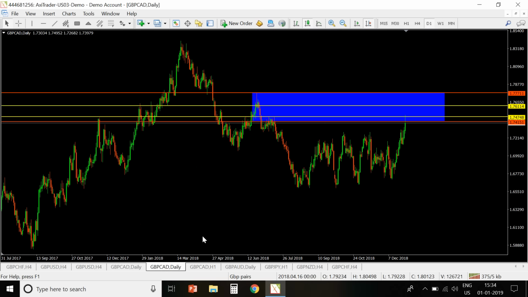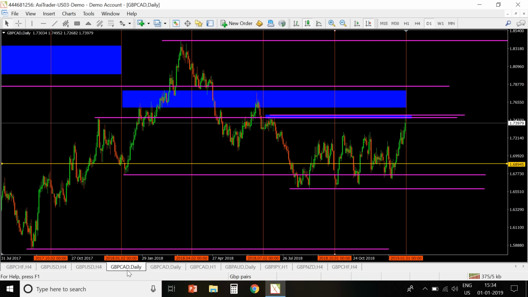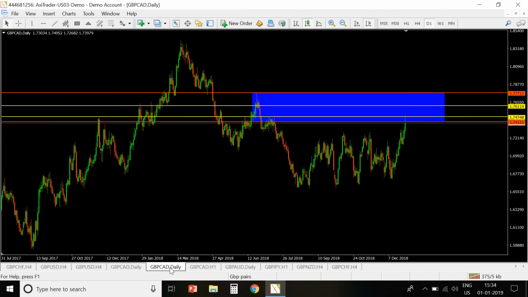So this is how we take our entry based on multi-pair analysis of the same currency, and we decide. If you want a few more confirmations, you can look at CAD. For example, if I'm trading GBP CAD, GBP is what I've been explaining all this time.